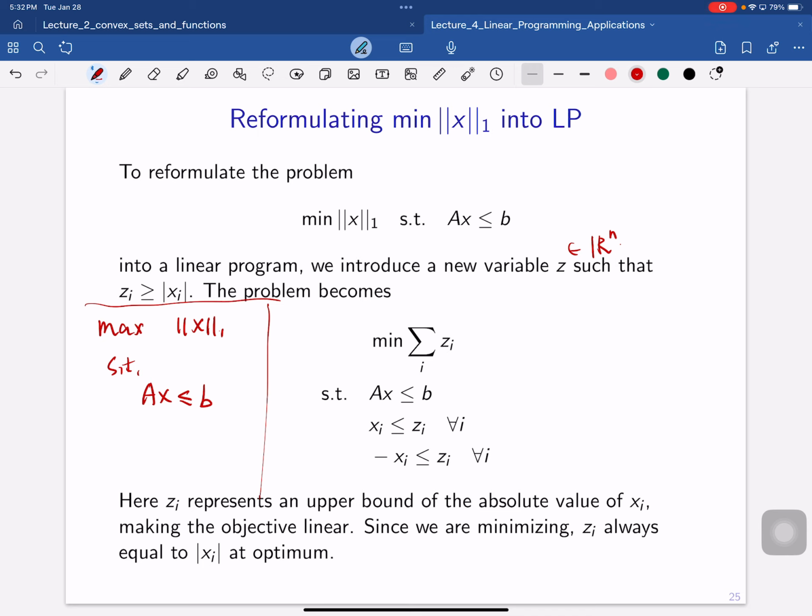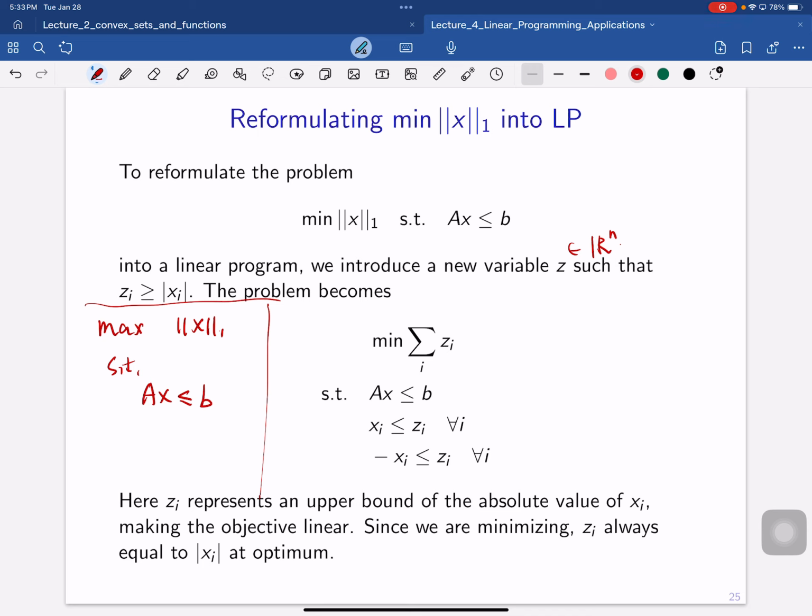So what's the tricky thing here? Any thoughts? Someone said no. Why is that? Well, we can minimize the minus norm, so we can just put a minus sign in the objective function.